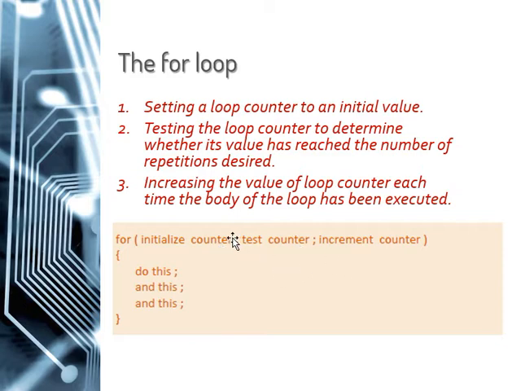Okay, so inside here sa open close sa parenthesis natay tulo ka statement. Una nga statement is katong initialization of the counter. So inside diri sa for loop, diri sa iyahang open close parenthesis, diri ninyo ibutang ang diri mo mag-initialize sa counter ninyo.